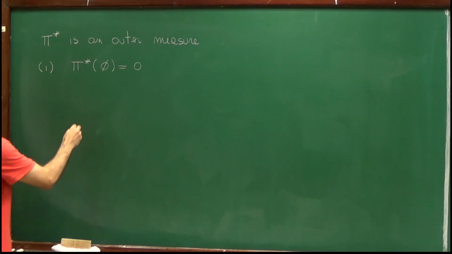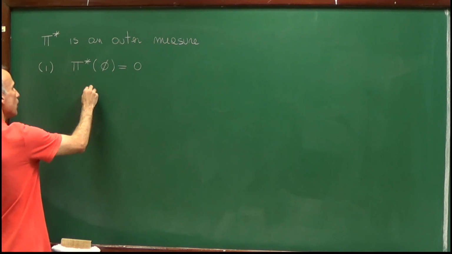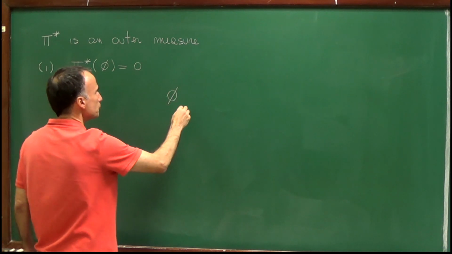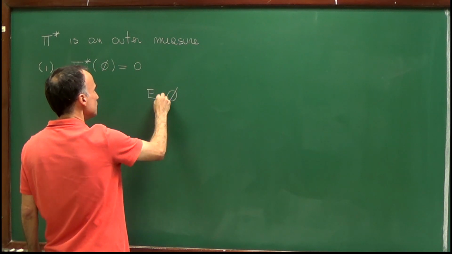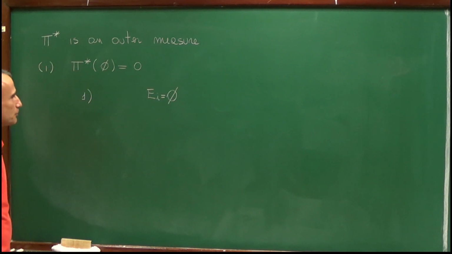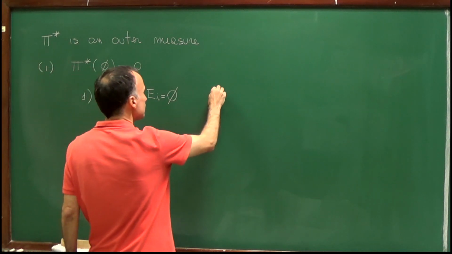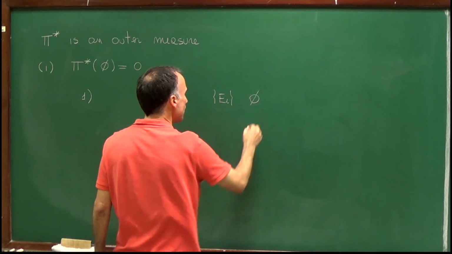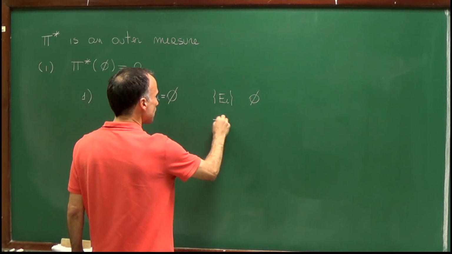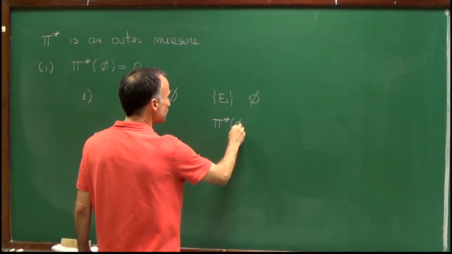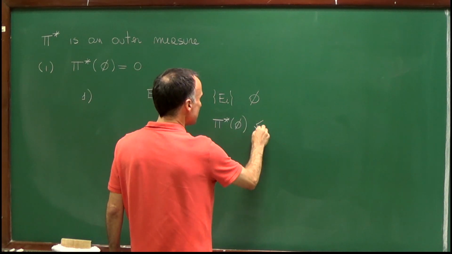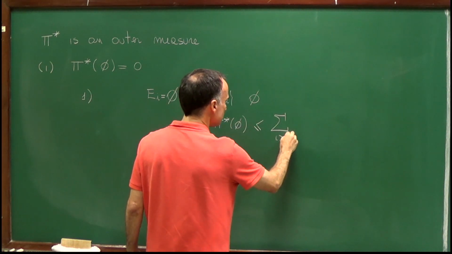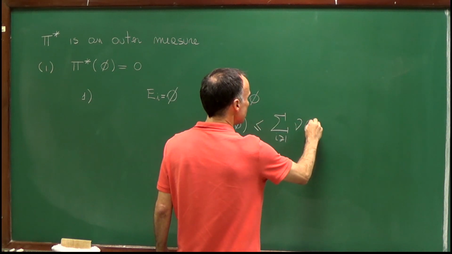Well, on the one hand, if you take EI to be equal to the empty set, it's clear that EI is a covering of the empty set, and therefore P star of the empty set, which is the infimum, is less than or equal to the sum of nu of EI.